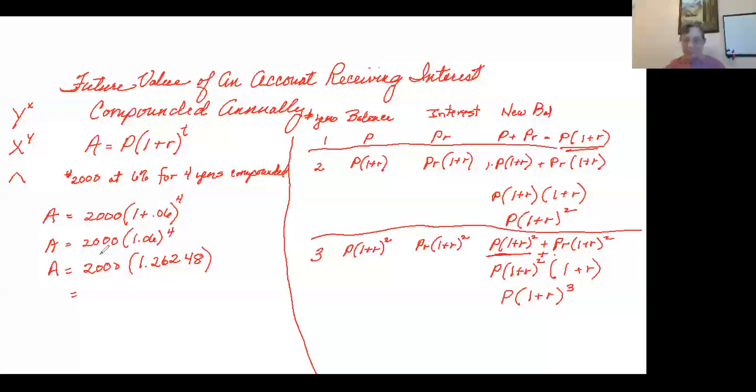Now, I didn't write down everything that was on my screen, but I'm not going to clear it. So this is going to be the full, I've got 8 digits on my calculator. 5 should surely be enough, because with dollars, we're not going to go out more than 2 decimal places typically. So I get $2,524, and if I round it to 2 decimal places, 95 cents.